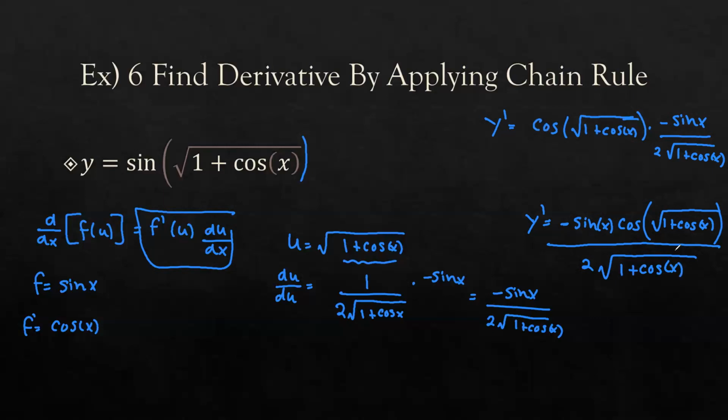Okay, I don't know if that helps, but I think this part right here, the du dx, is a bit tricky because you had to take the chain rule again. So this is your final answer. Go ahead and press pause to write down the work, and then we can move on to the last example.